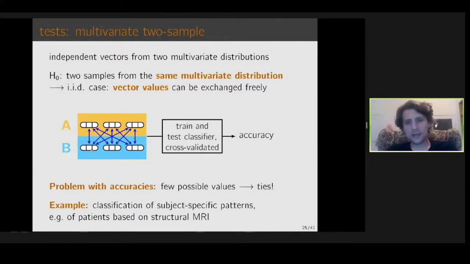There's a problem with accuracies, which is that sometimes decoding accuracies can only take very few possible values, because the number of possible values depends on the number of out-of-sample subjects or trials or runs being tested, and this can lead to ties, making permutation tests conservative.